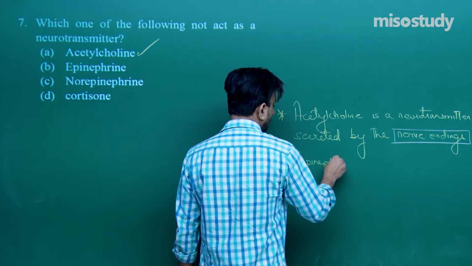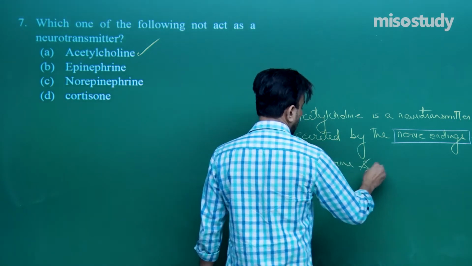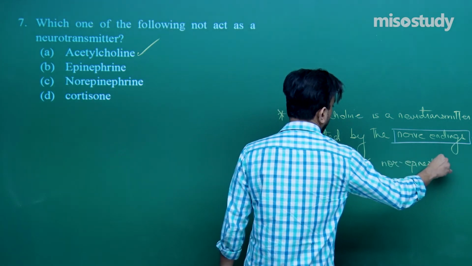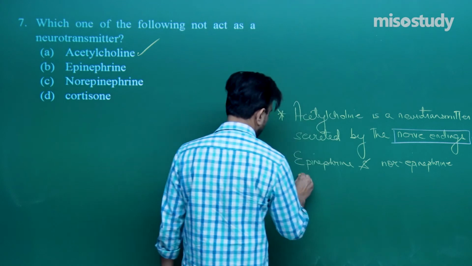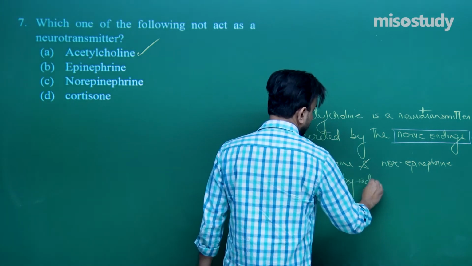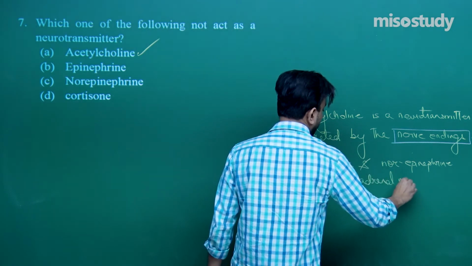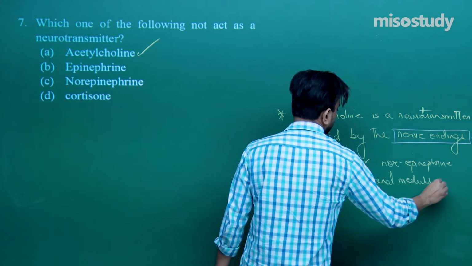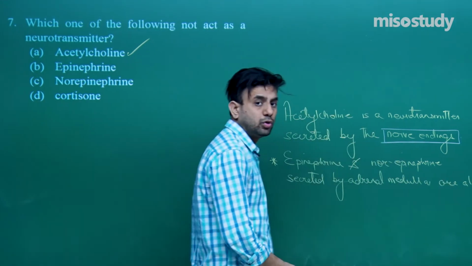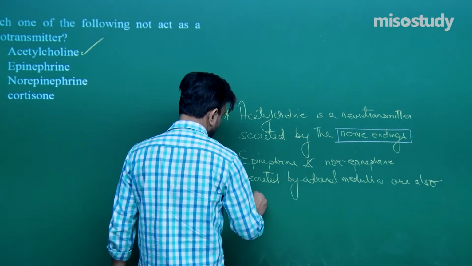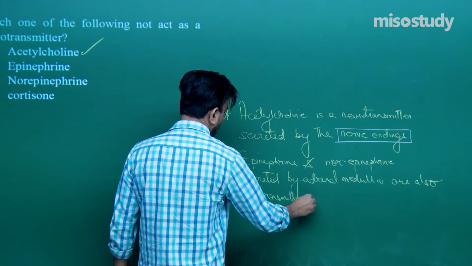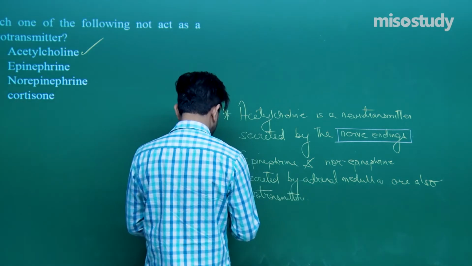Epinephrine and norepinephrine, secreted by adrenal medulla, are also neurotransmitters.